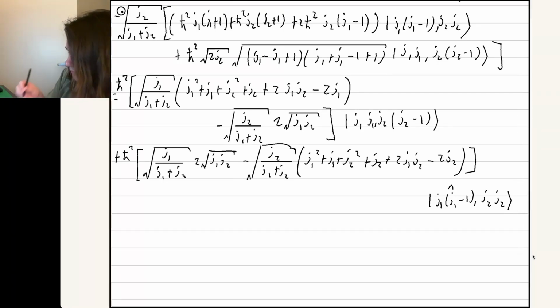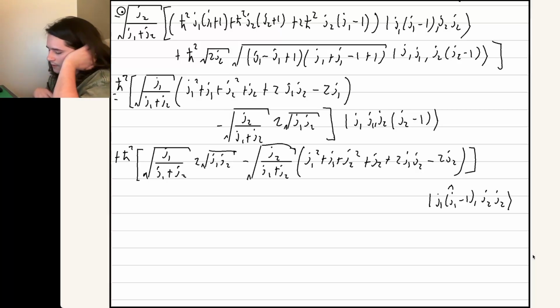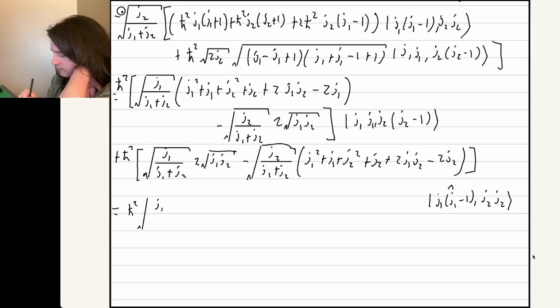Okay, we're really in the weeds now. We can simplify stuff, obviously. These guys are funny because you have radicals. So you actually have the root of J2 squared, so you just have J2, and then the radical of J1 will be left behind. And so both of the radicals in this term here are the same. And the same will be said for the other one. So pulling out the radical, we have J1 over J1 plus J2.